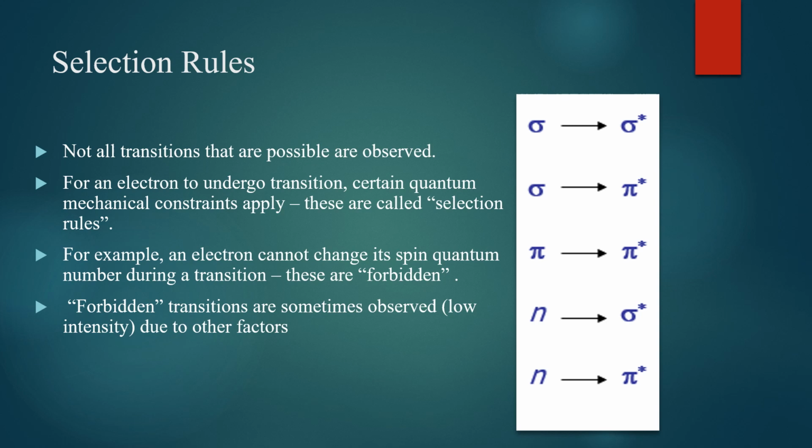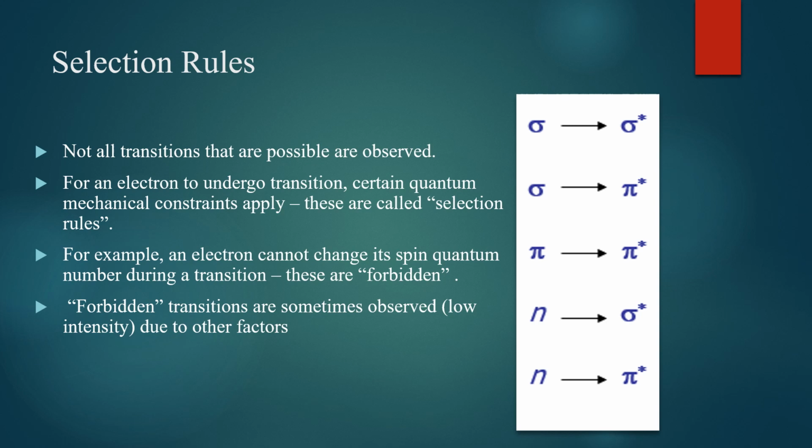Otherwise, it is an allowed transition. Forbidden transitions are sometimes observed with low intensity because of various other factors. As you can see, these are the different transitions that are observed. Here the n to pi star can be a forbidden transition.